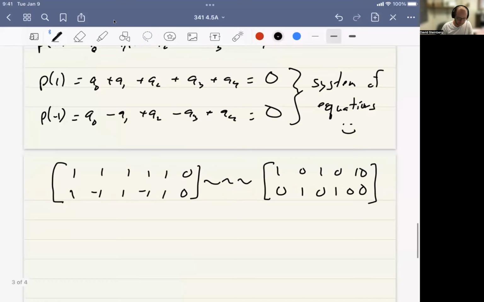So this is giving us that a naught is equal to negative a2 minus a4, and a1 is just negative a3.